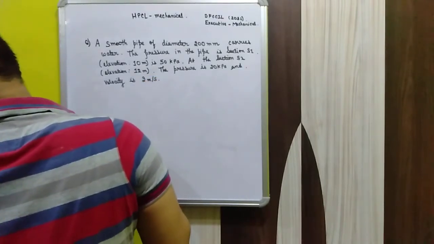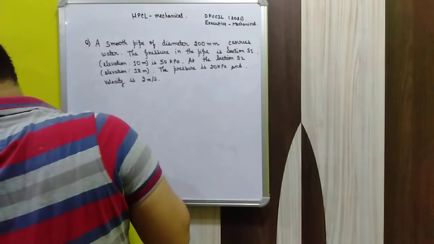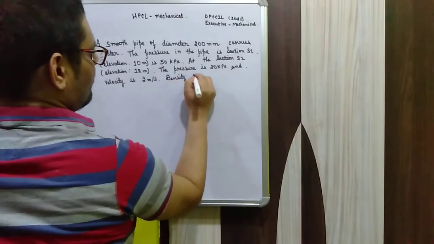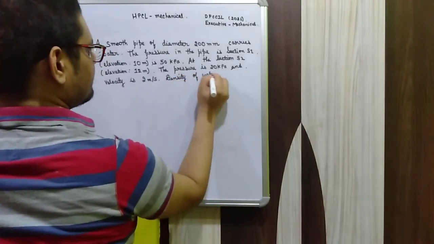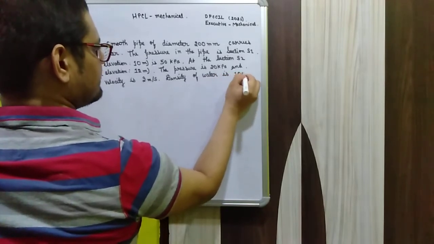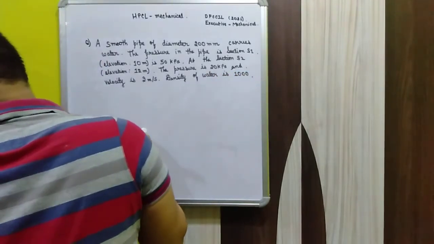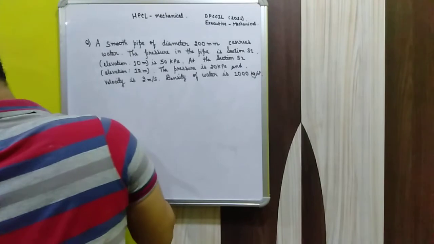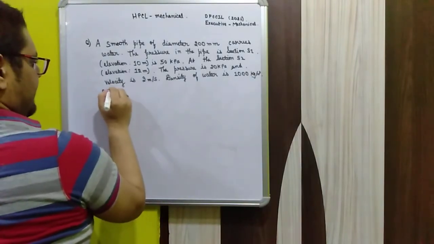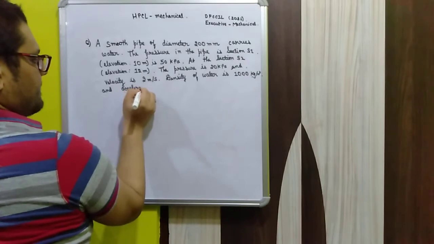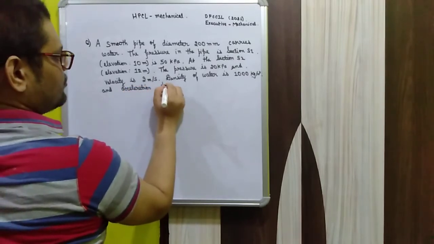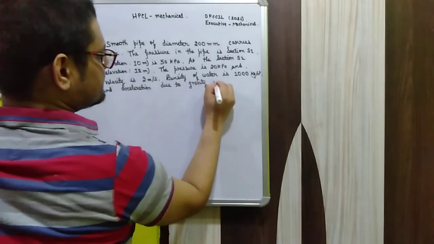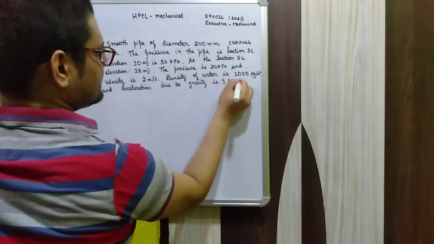The density of water is 1000 kg per meter cube, and acceleration due to gravity is 9.8 meter per second square.